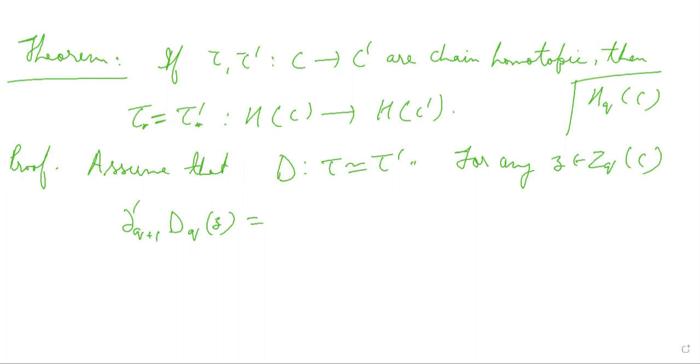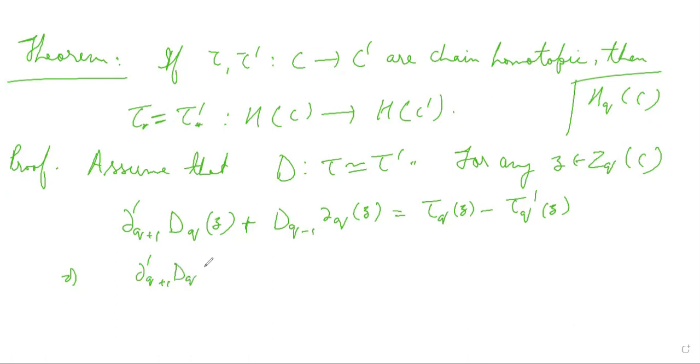Let me just write it. This equals D_{q-1} boundary_q z, equal to tau_q z minus tau prime_q z. This implies that this is boundary_{q+1} D_q z, because z belongs to Z_q, so the qth boundary map applied over z is 0.